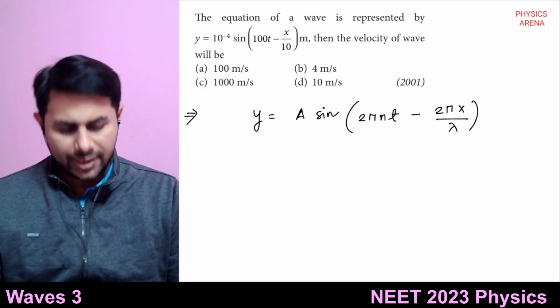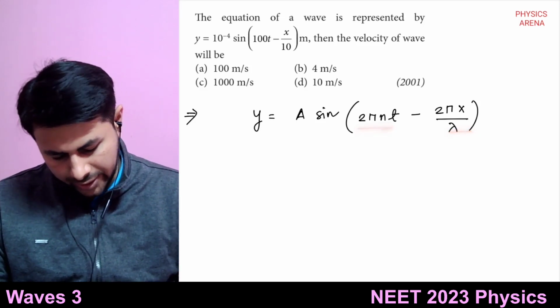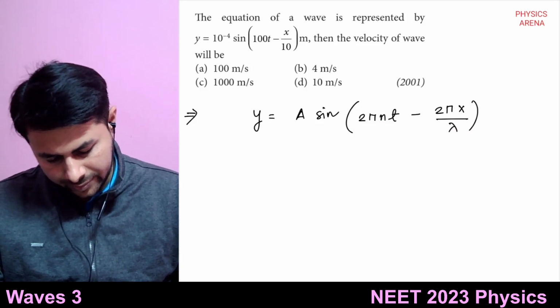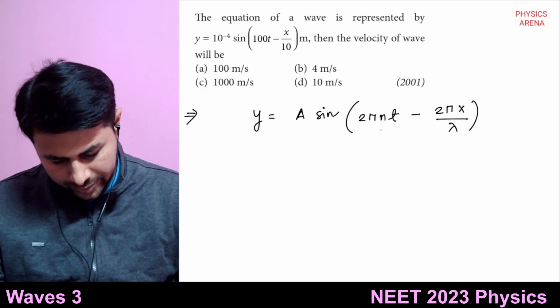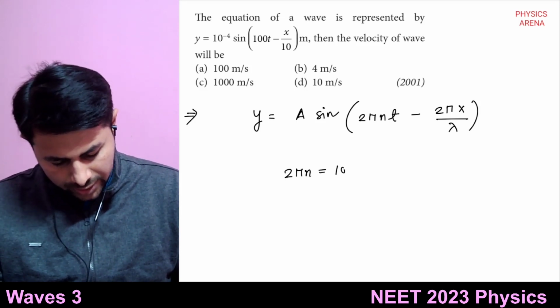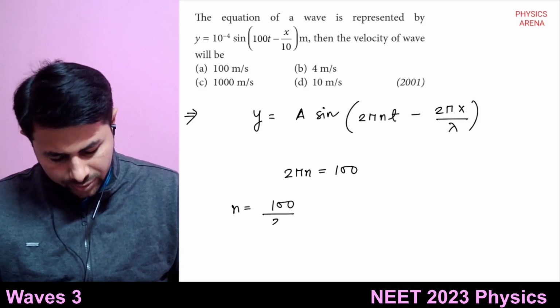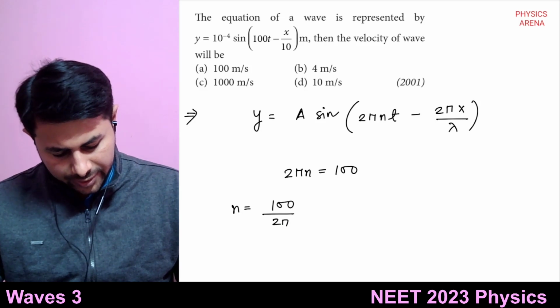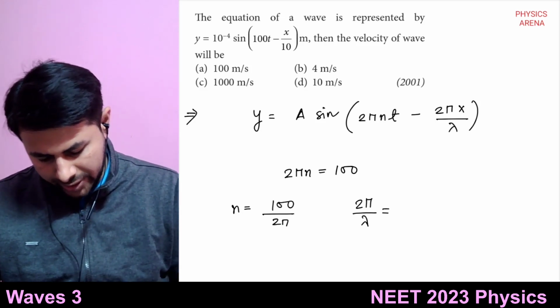So n t minus k x, where k is 2 pi by lambda. Compare with this: 2 pi n is equal to 100, so n is equal to 100 upon 2 pi, and 2 pi by lambda is equal to 1 upon 10.